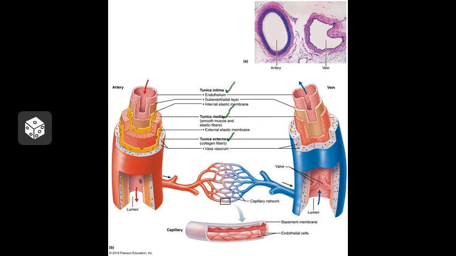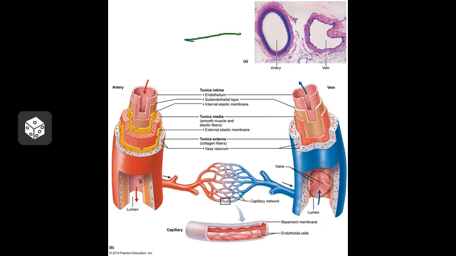One big difference is the tunica media in the artery is rather thick, where the tunica media in the vein is rather thin. Another difference between them we can see over here in the bottom of the vein drawing is veins have one-way valves, and we'll talk about the significance of those when we get into class.